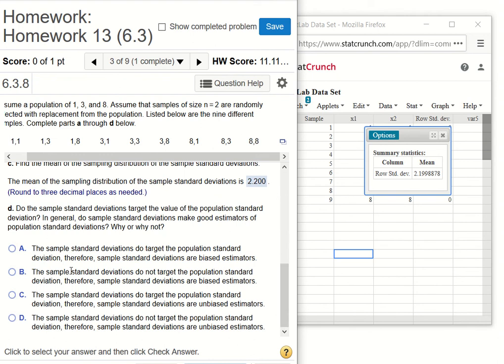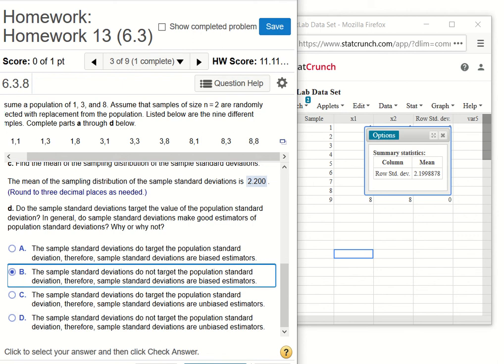That means the sample standard deviations are not good estimators of the population standard deviation. So we will choose the one that says do not target and biased estimator. That will be B, right? The sample standard deviations do not target the population standard deviation, therefore they are biased estimators.